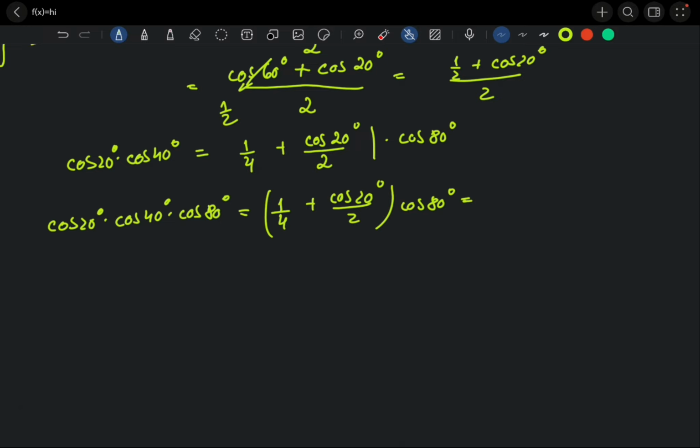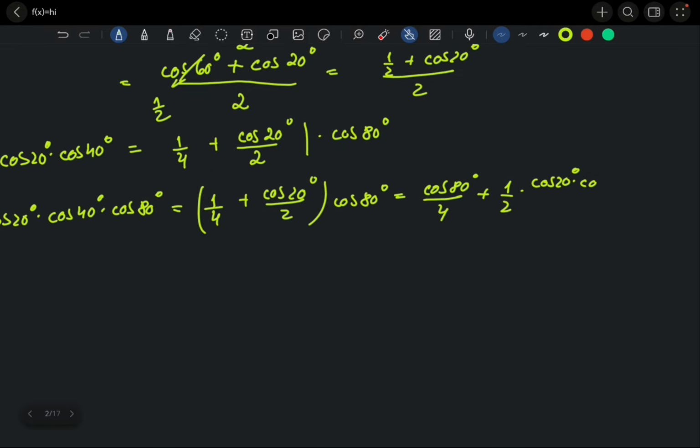And by distributing cosine of 80 into the parentheses, we get cosine of 80 degrees divided by 4 plus 1/2 times cosine of 20 degrees times cosine of 80 degrees.